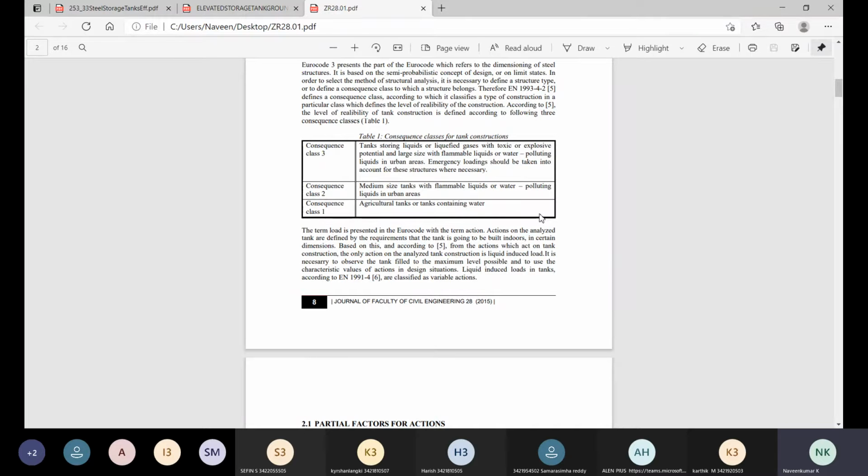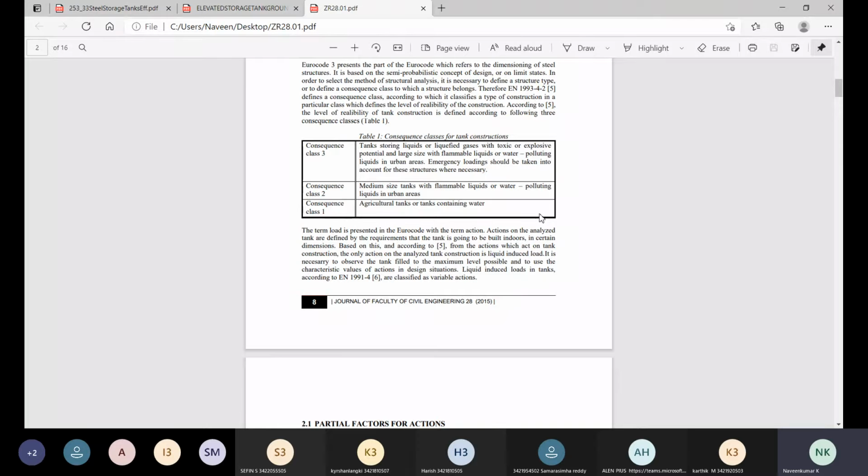If you go for the second class, what is the type of tank? It is a medium sized tank which stores flammable liquids or water polluting liquids in urban areas. For example, this is majorly used in petrol stations.